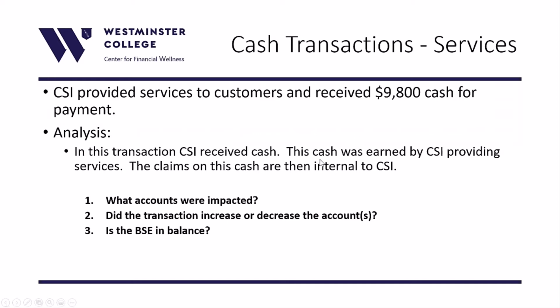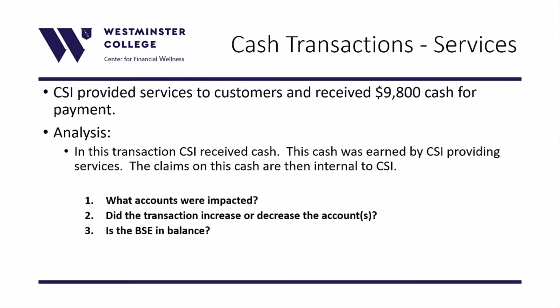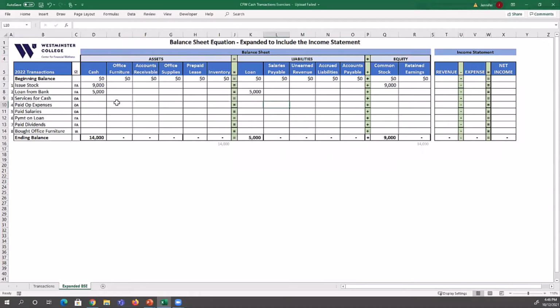All right, let's go to our balance sheet equation. So once again, CSI is increasing cash, but how are they doing it this time? It's not going to be external. They're actually creating this internally. So I'm going to go to equity because that's internal, right? Well, they're not asking their owners for contributions. They're actually earning it this time.